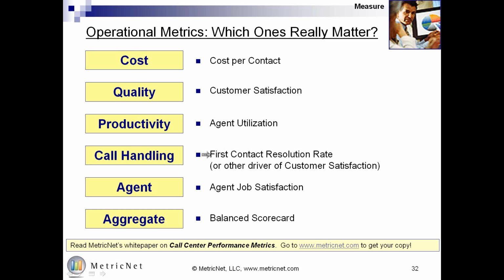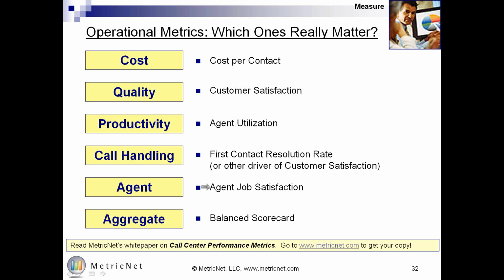You can have knowledge management tools that enable you to improve first contact resolution rate. There's a lot of different ways you can do it. But understanding where the leverage is here is very empowering. Because if you know how to improve customer satisfaction, you can apply force to the lever that enables you to improve it. And if you know that agent utilization is the big driver of cost per contact, then you can apply force here or leverage here to drive a lower cost per contact.